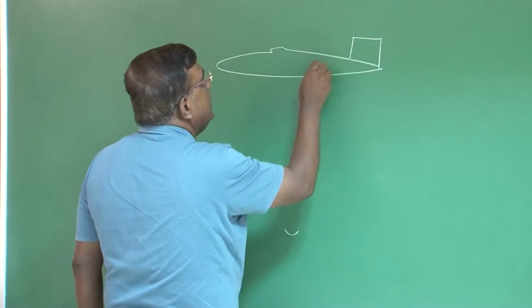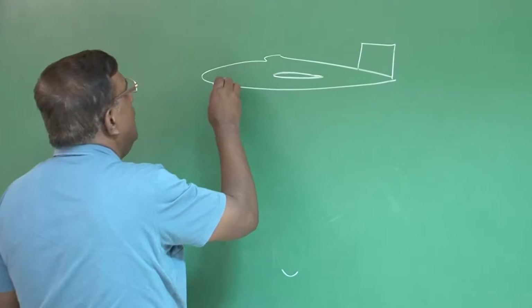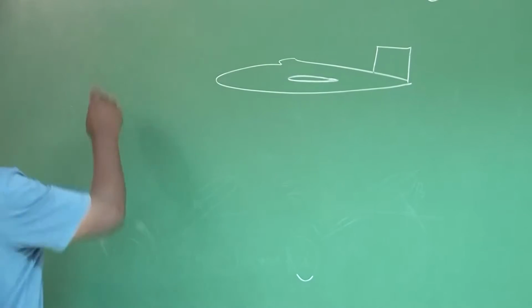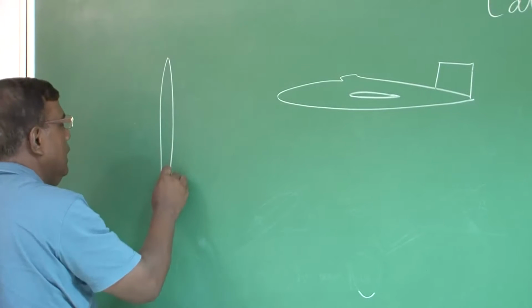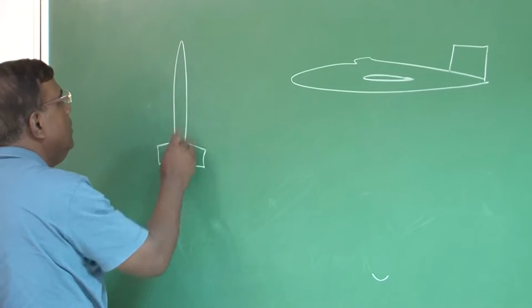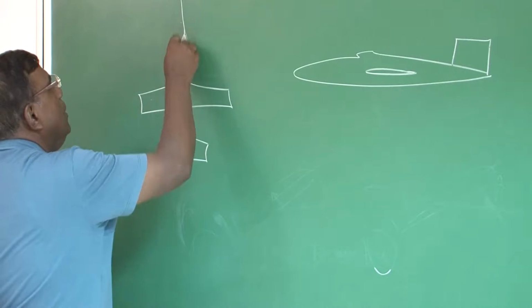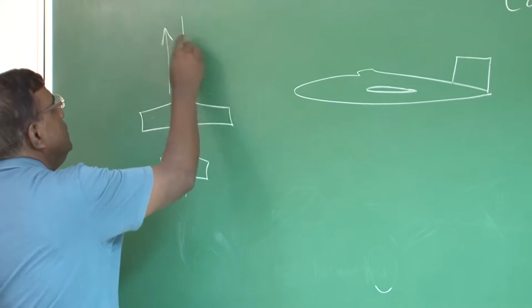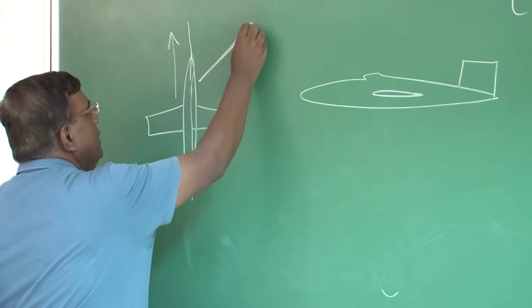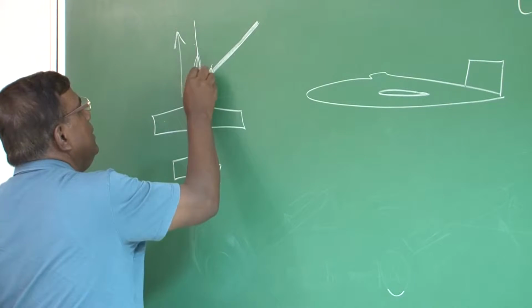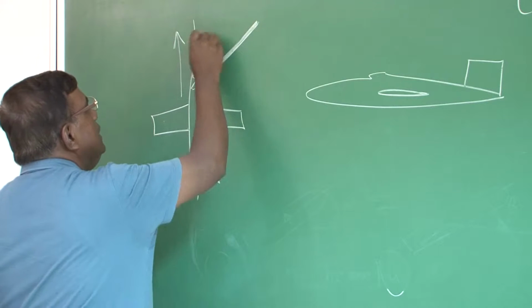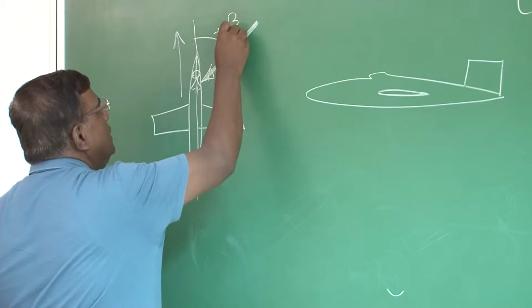If this is my airplane, how do we define beta? This is the airplane, I would say the top view. I am flying in this direction, and if relative wind is coming from my right, if I am the pilot sitting here, then this is positive beta.